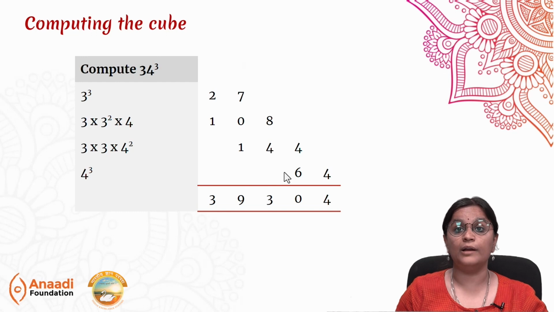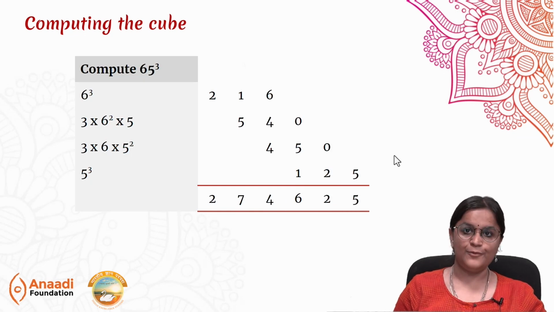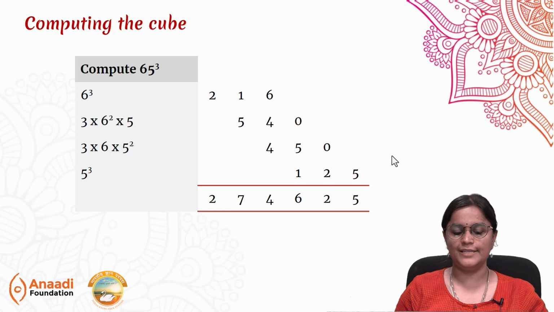Again, slid one more place to the right. Now, to get our final answer, we must add all these numbers. So, 4 gives us 4, 6 plus 4 gives us 10, 8 plus 4 plus 1 gives us 13, 7 plus 1 plus 1 gives us 9 and 2 plus 1 gives us 3. So, finally, 34 cube is 39,304.